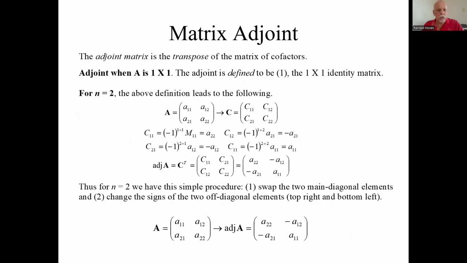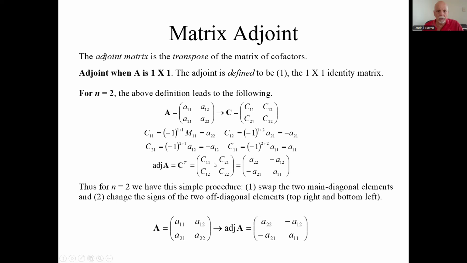First, we've got to talk about the adjoint matrix. It's the transpose of the matrix of cofactors. We already went through cofactors when we talked about determinants. If A is just 1 by 1, the adjoint is defined to be 1. For n equals 2, if you just take this definition, the cofactors are just the other elements.